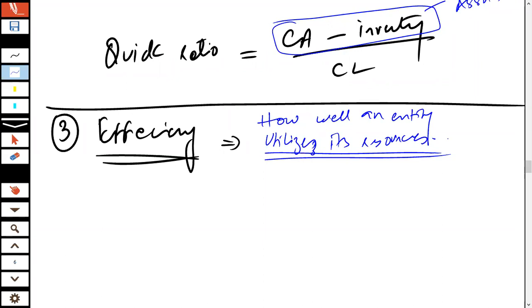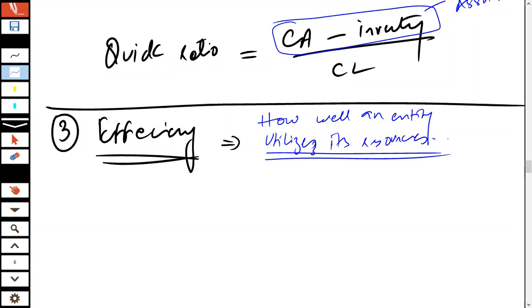I repeat, the efficiency ratio tells you how well an entity utilizes its resources.